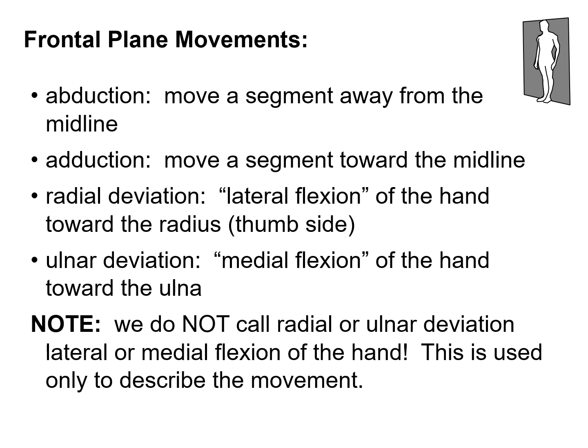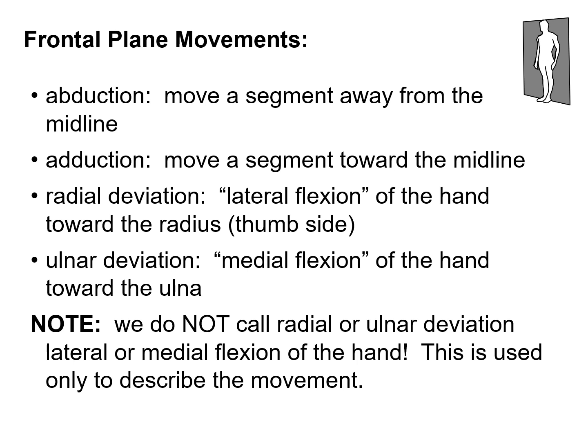Then for our wrist and hand, we have two terms because we don't use abduction and adduction for that. We say radial deviation, which is kind of a lateral flexion of the hand towards the radius of your forearm, so the thumb side of your forearm. So if you take your hand and you try to flex it towards your wrist on the radial side of your forearm, that is radial deviation.